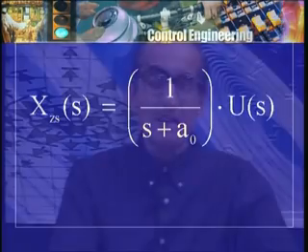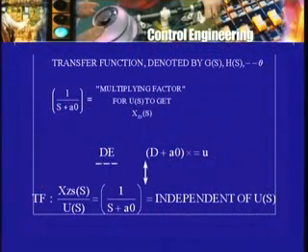So this 1 by s plus a0 is said to be the transfer function corresponding to the first order differential equation I wrote, and I will rewrite it a little differently as (D plus a0) x equal to u. The differential operator D plus a0 acting on x gives the input u. This is the differential equation.